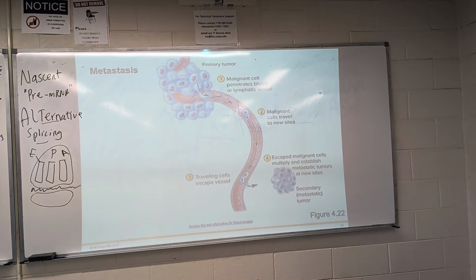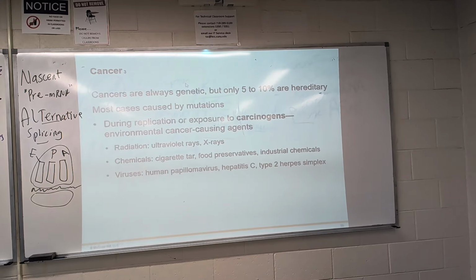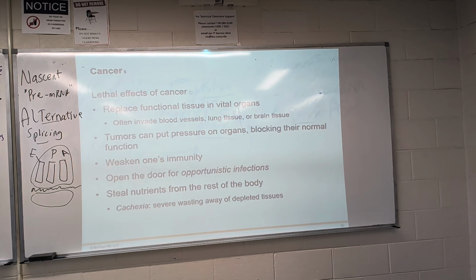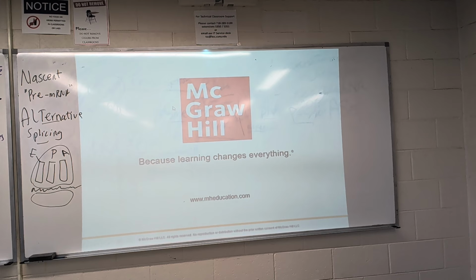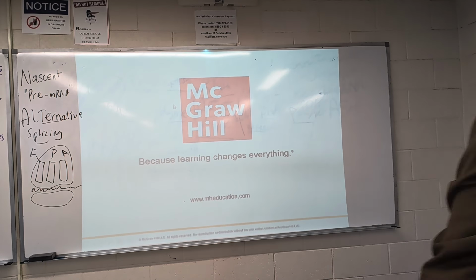So the malignant cell goes into the blood vasculature and travels until it goes to a far distant site. That's malignant, called metastasis. Invasion is when you're infiltrating nearby only, locally. Alrighty, carcinogens. That shows you the kidney tumor, an example of the Wilms tumor, and that will be all for today.